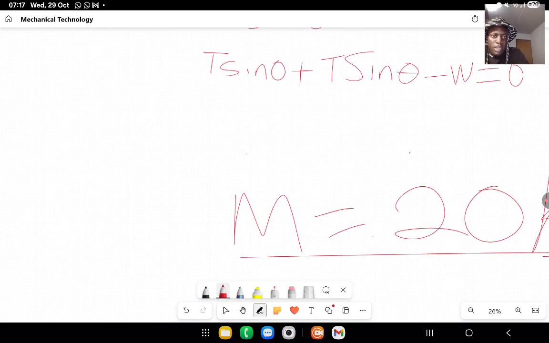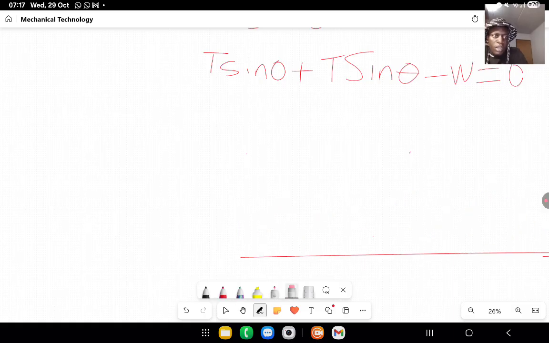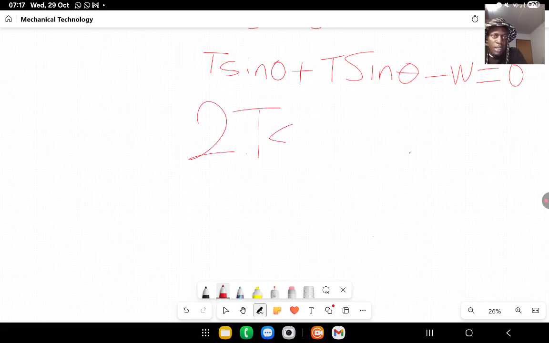They are going to be 2T sine theta, because they are equal. 2T sine theta is equals to W.